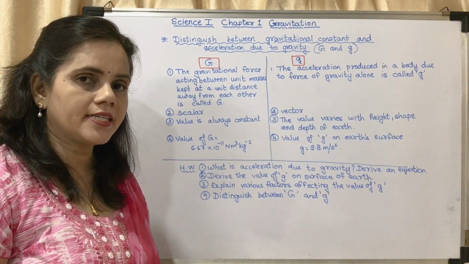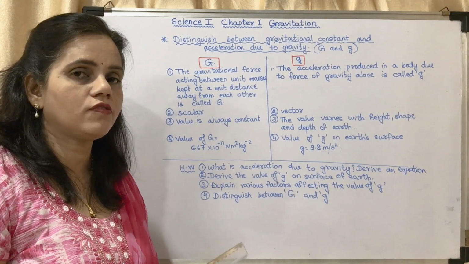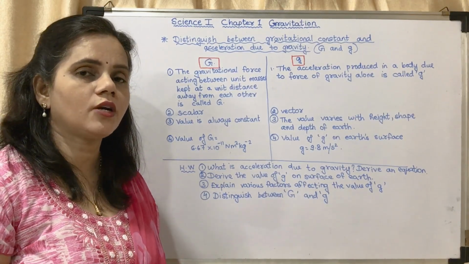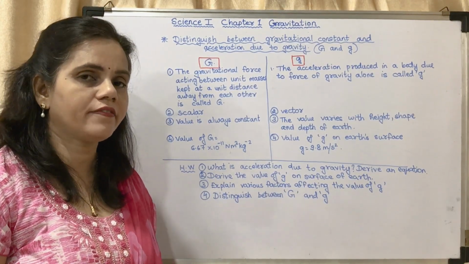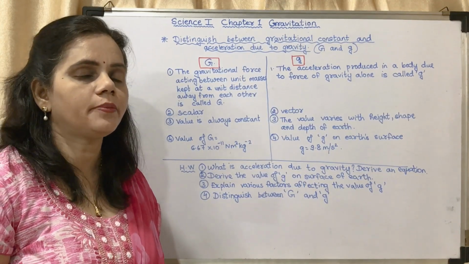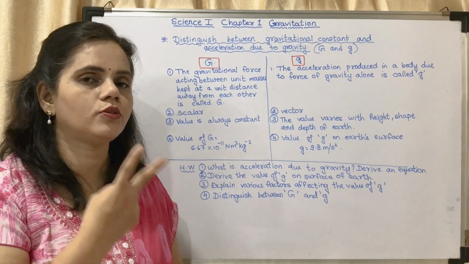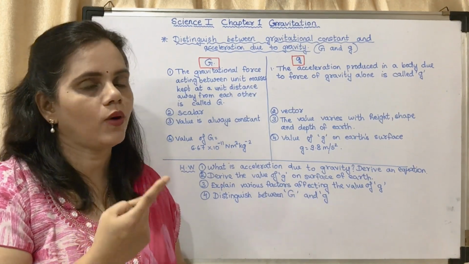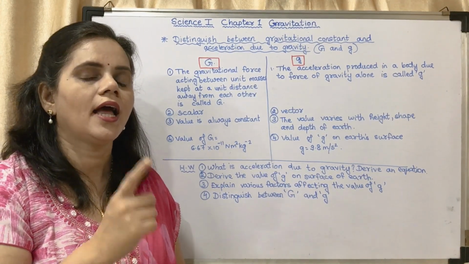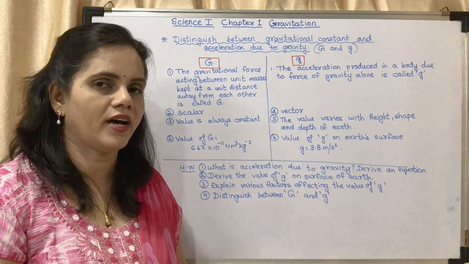In the last lecture we had studied the definition for G. What is G equal to? G is equal to F when there are two unit masses kept at unit distance away from each other. That means there are two objects of 1 kg mass, and they are kept at a distance of 1 meter.